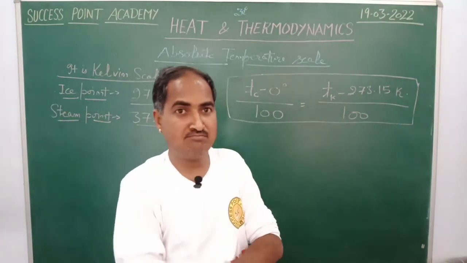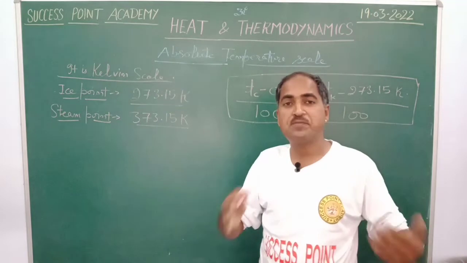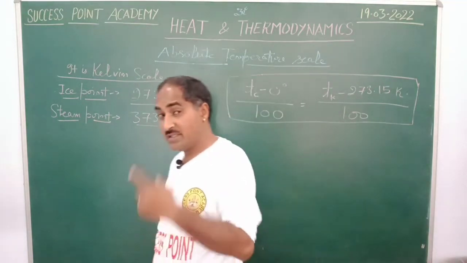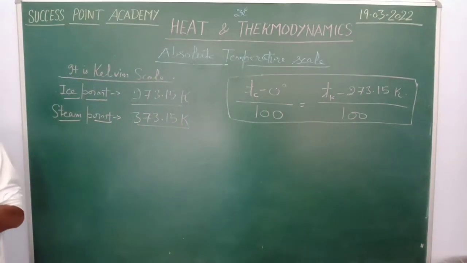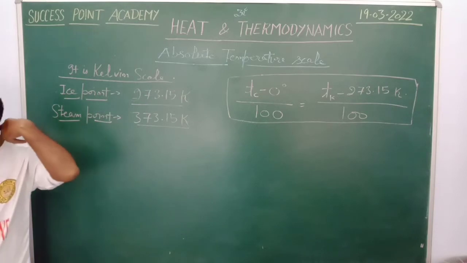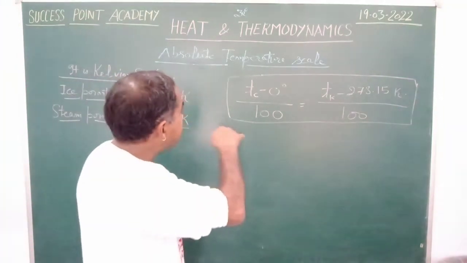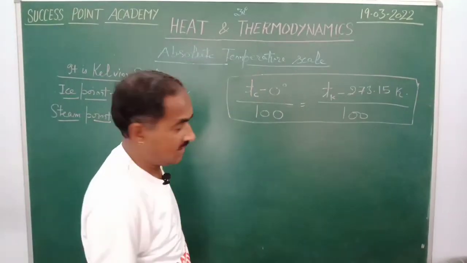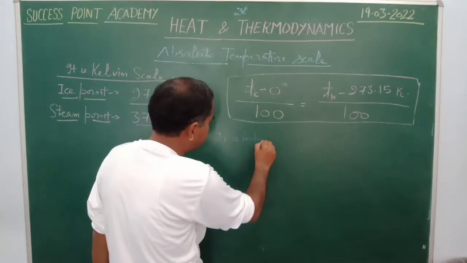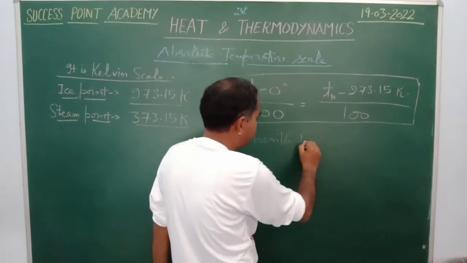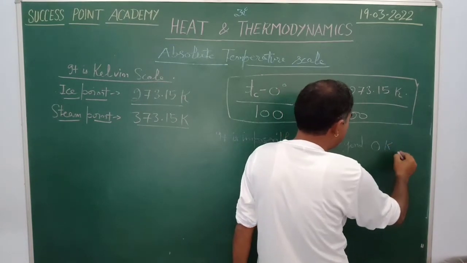The Kelvin scale is called the absolute scale. There might be some concept behind it. Why is it called the absolute scale? Try to understand, think upon it. What could it be? I'll tell you this also. It is called the absolute scale because in this scale it is impossible to go beyond 0 Kelvin.